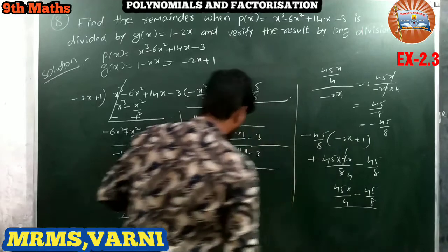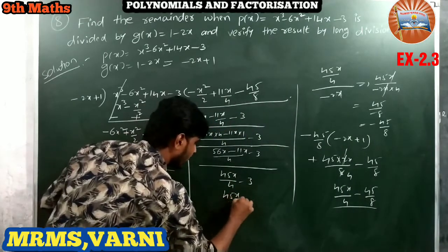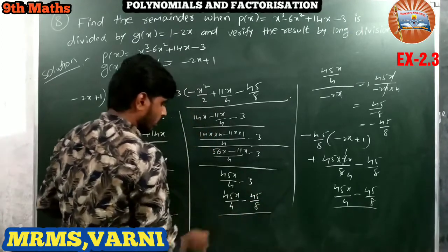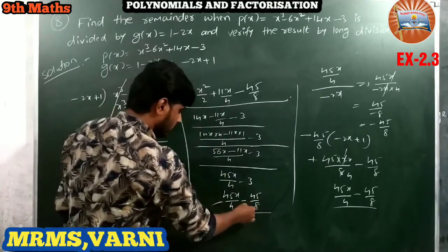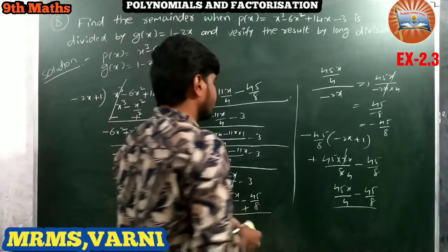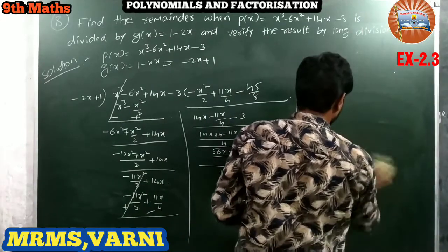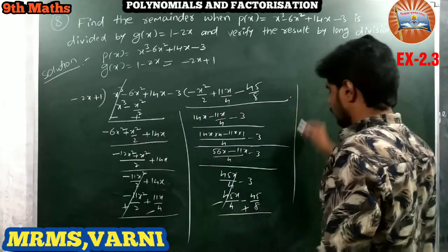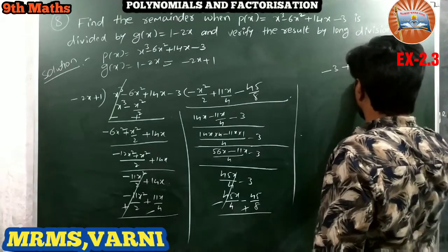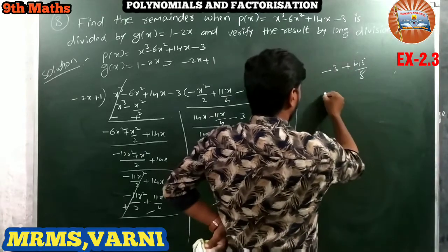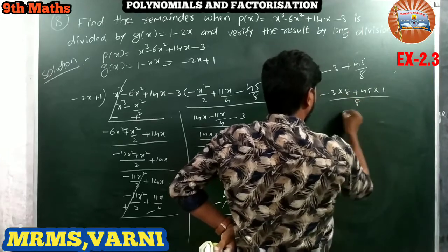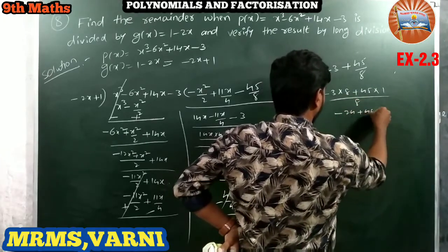So add on this here 45x by 4 minus 45 by 8. Okay, so change the sign, minus becomes plus, these two gets cancelled. What is the remaining? So I am going to add here. So what is the remaining? Minus 3 plus 45 by 8. So take the LCM: minus 3 into 8 plus 45 into 1 by 8, minus 24 plus 45 by 8.